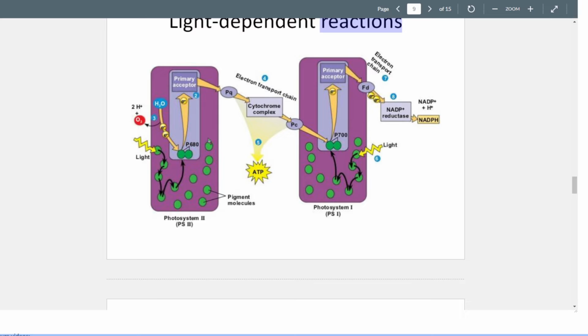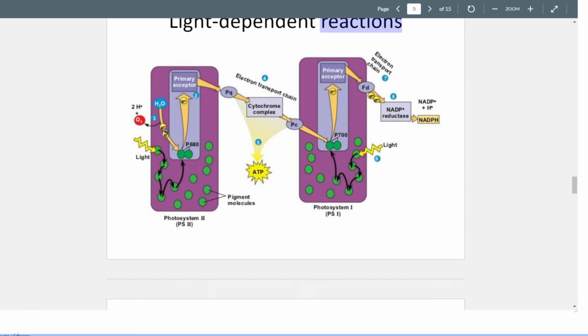We're going to get these pigment molecules. They're going to get light. What are we getting from the light? We're getting photons. These photons will be converted to energy, and we'll get the electrons from the hydrogen in H2O. That's why the product of H2O is O2.